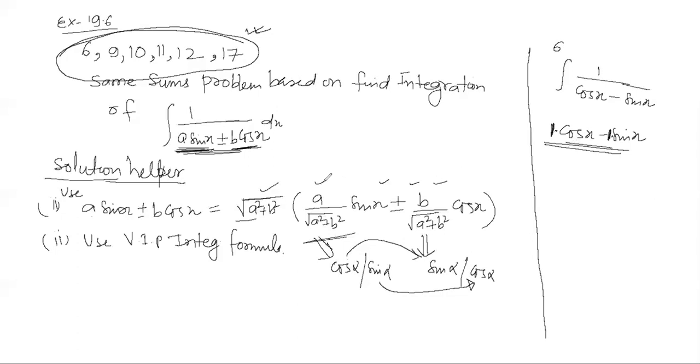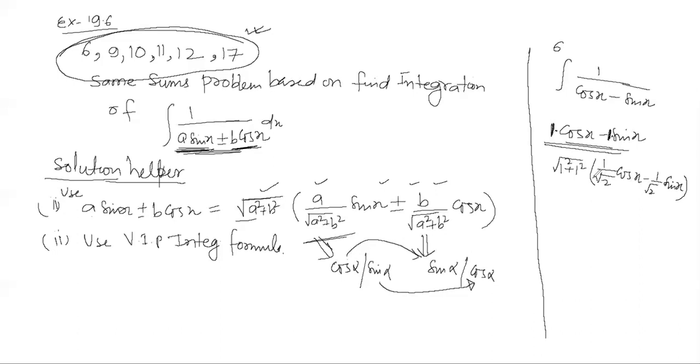What we will do first, we take the square of their coefficients and add them: 1 square plus 1 square, and take their root. And now 1 upon this is root 2, cos x minus sin x. Okay, all right.